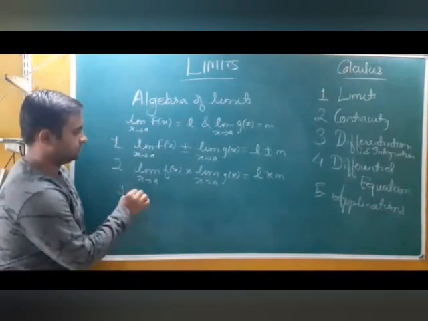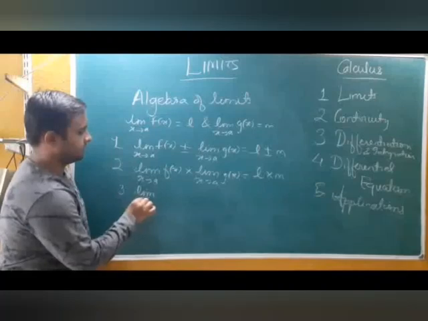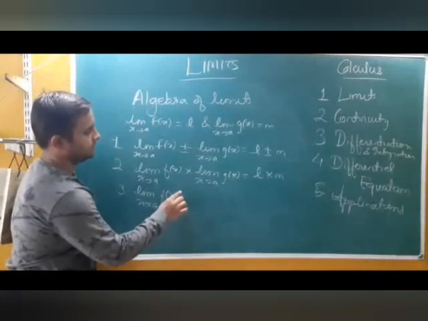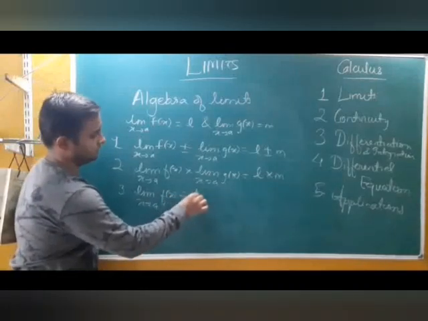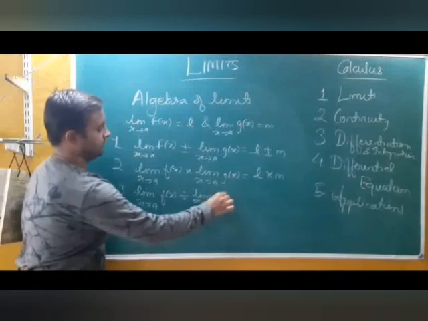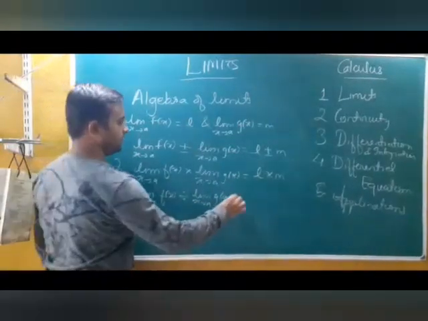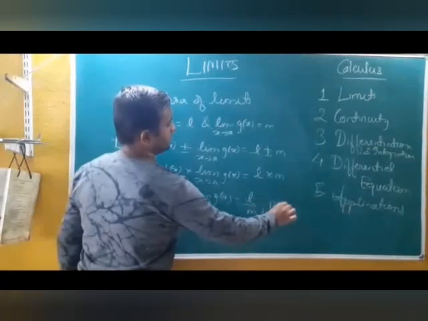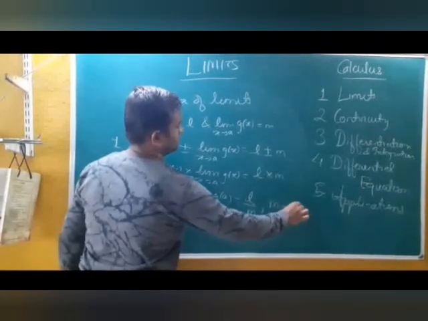Then third, limit x tends to a f of x divided by limit x tends to a g of x will be L upon m, provided m is not equal to 0.